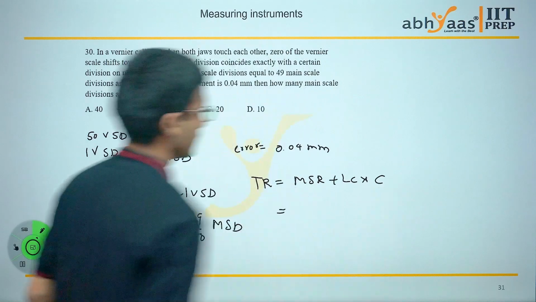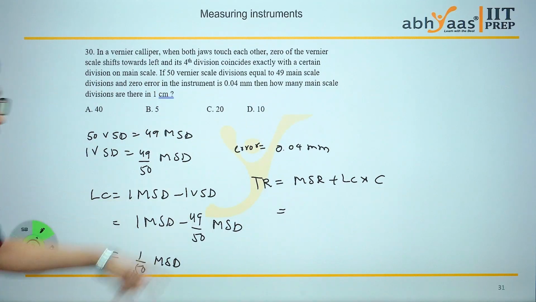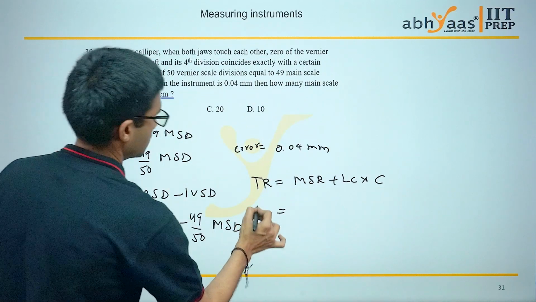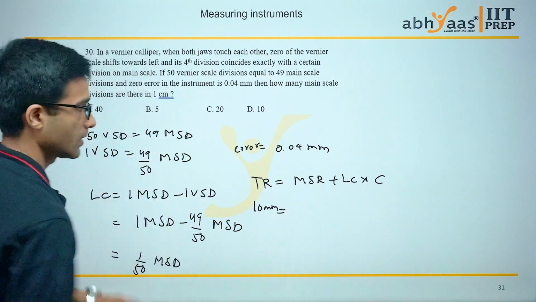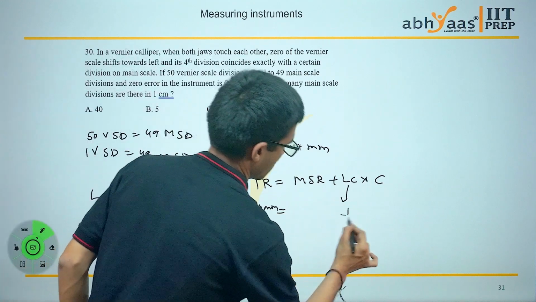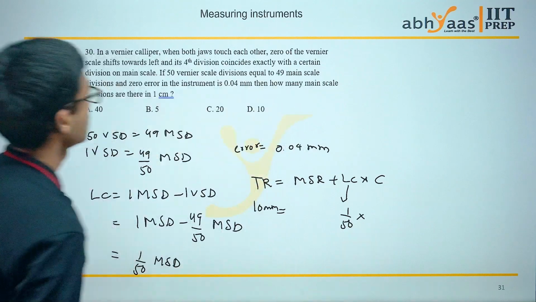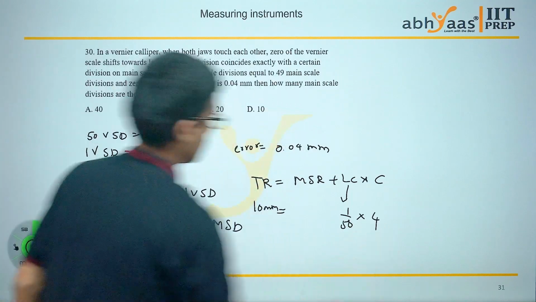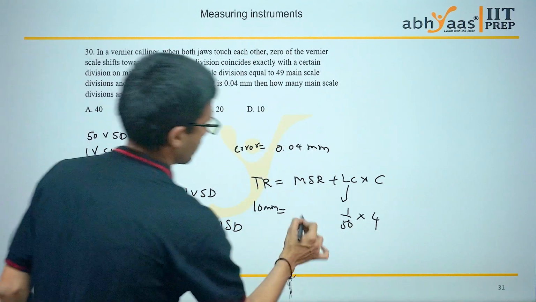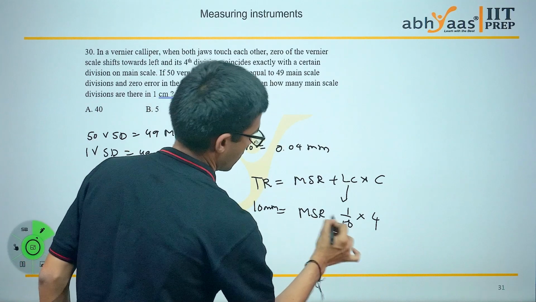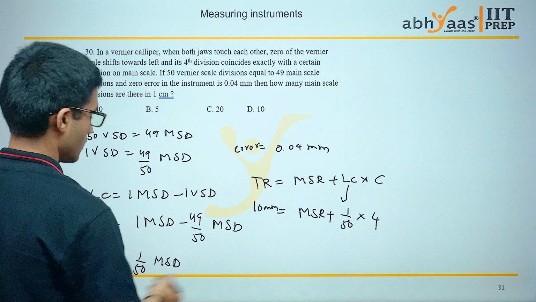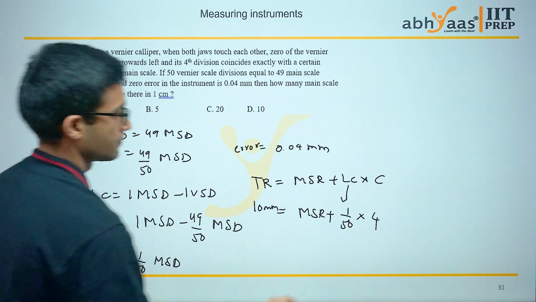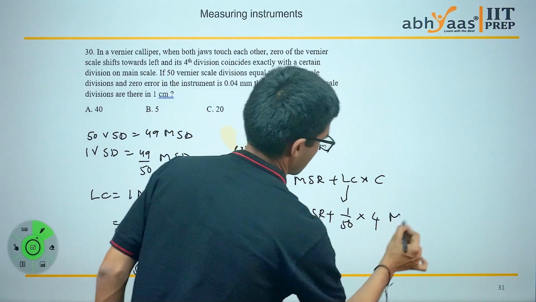Coinciding, I am writing C. So MSR, the total reading he has given, that is 1 centimeter or 10 mm. So LC is given 1 by 50. He has given which is coinciding: 4. Okay, main scale reading you have to calculate. So can you calculate this one? 4th division of 50 main scale division, into main scale division.